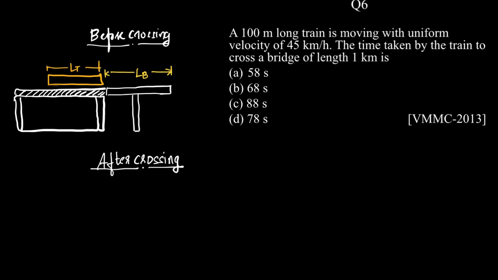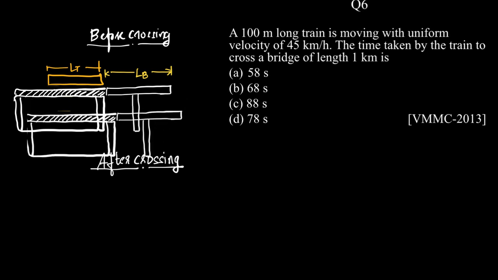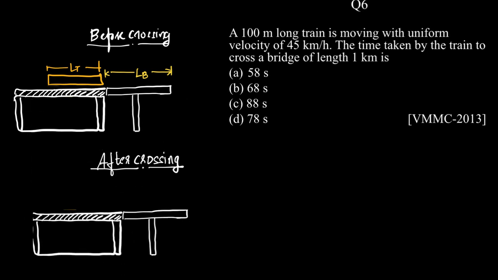Now after crossing, the train has completely moved over the bridge, right? So it was earlier here. It slowly moved like this, and then it covered the entire bridge.